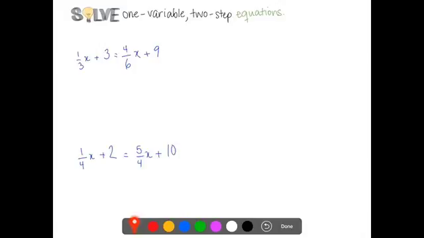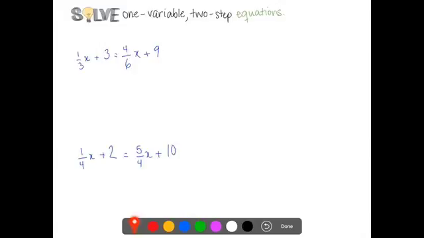But one of the most important things that we have to do when we find an answer is plug it back into the original equation. So I'm going to go ahead and do that. My original equation again was 1/3 x plus 3 equals 4/6x plus 9. Anytime I see an x, I'm going to replace it with a negative 18.